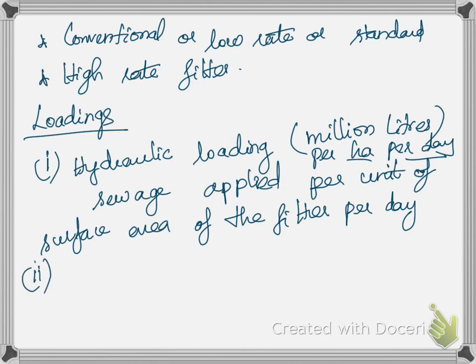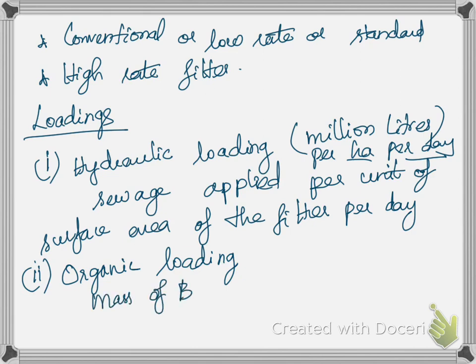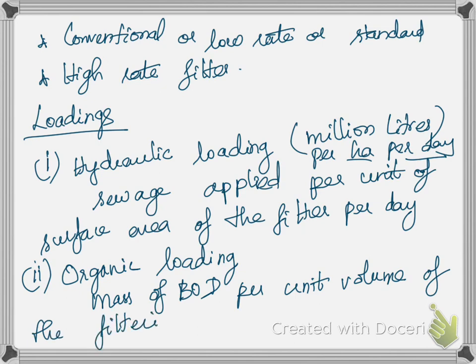Second type of loading is going to be your organic loading. This organic loading is nothing but your mass of BOD. So how much mass of BOD we are going to supply per unit volume of the filtering media per day. So this is going to be called your organic loading.